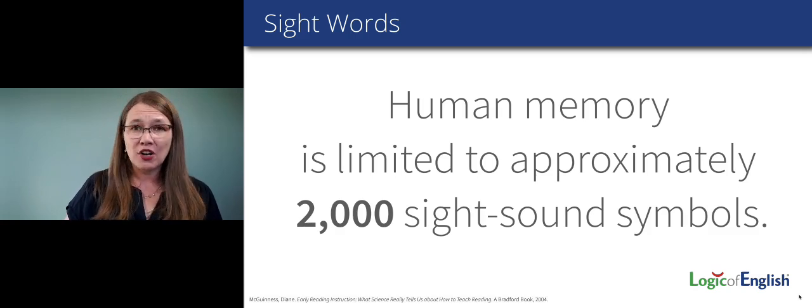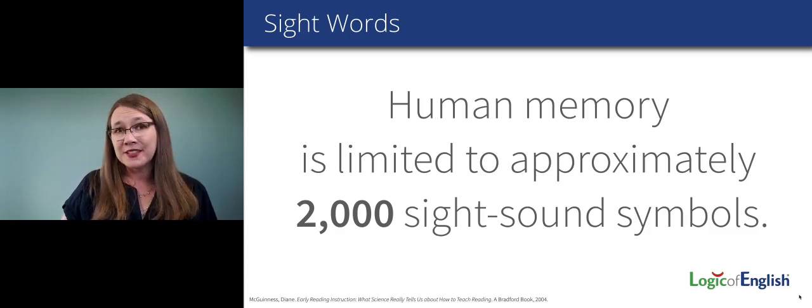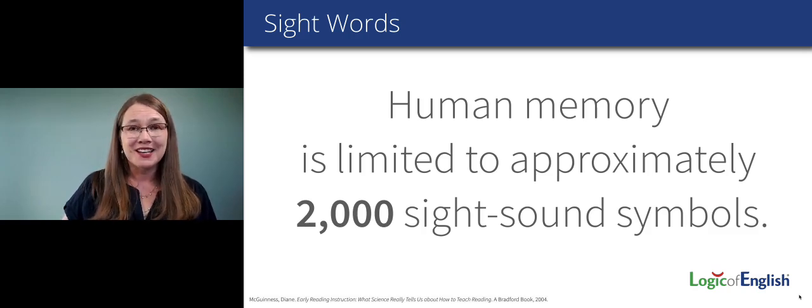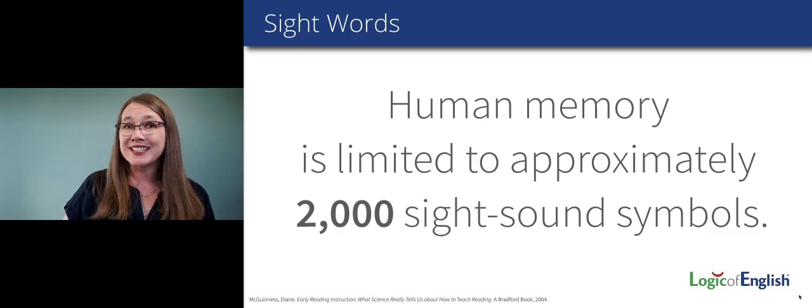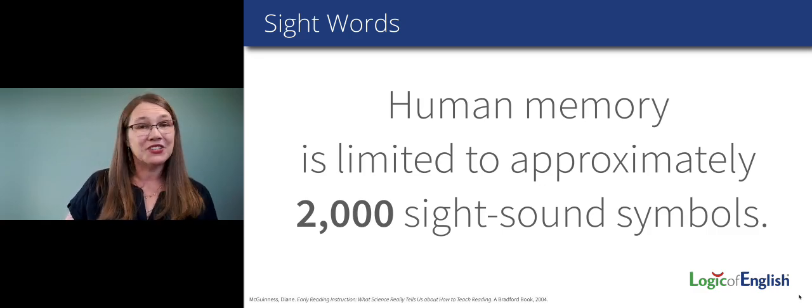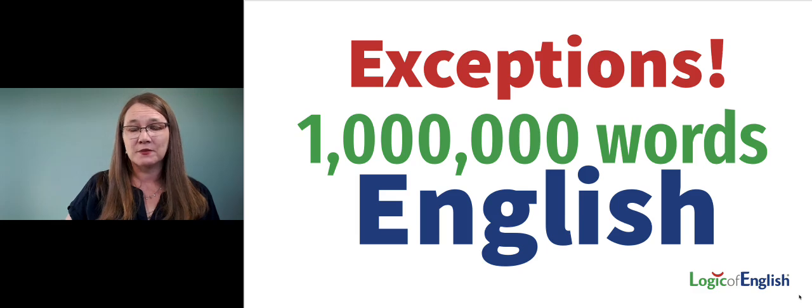I think we can all agree that our goal in teaching kids to read is to teach them to read and to comprehend, to interact with the texts, and then to be able to express themselves. But if we're teaching sight words, we can tap out the human memory's ability to match sight sound symbols and still not be able to read and comprehend.